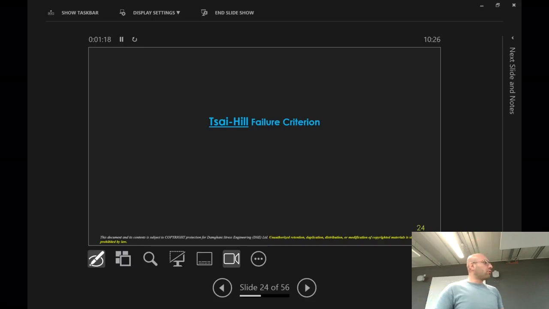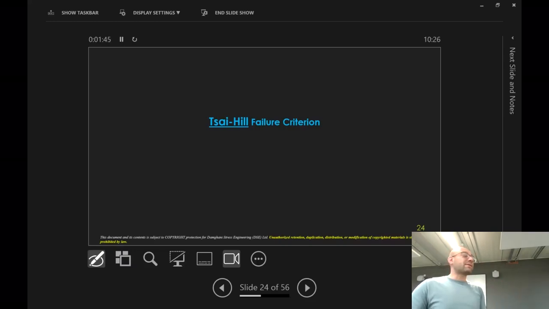Now things become a bit more intense. Another one, maybe one of the first attempts to characterize the failure of composites, is called Tsai-Hill. There were two scientists, I think they were Japanese, Mr. Tsai and Mr. Hill. They combined efforts and came up with a failure criterion that is purely experimental, coming from experimental observations.